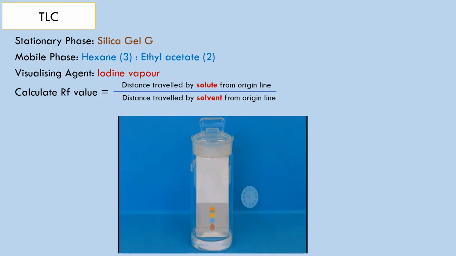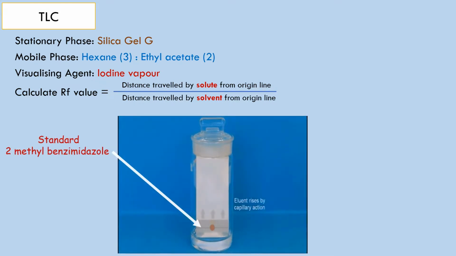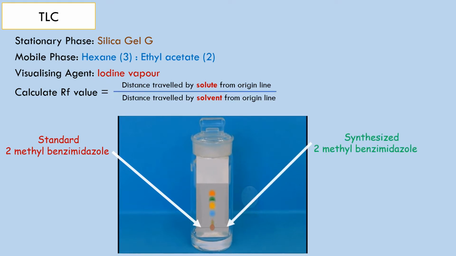This is not the TLC of synthesized 2-methylbenzimidazole. We can take the standard 2-methylbenzimidazole solution which is already dissolved in the mobile phase, where we can put another spot onto the origin line of synthesized 2-methylbenzimidazole, and finally run that plate in the mobile phase chamber.